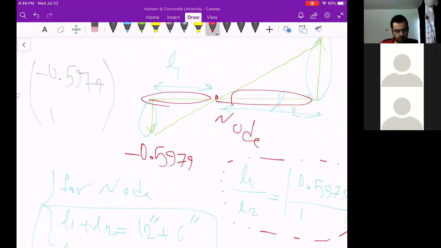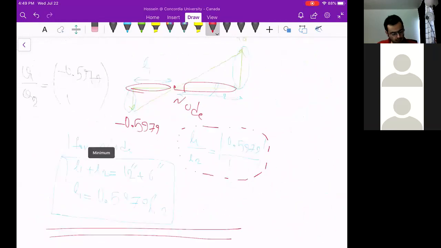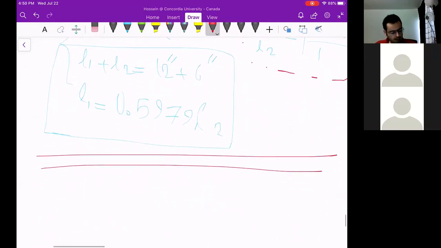Right. So yes, for designing, there is basically an excitation frequency, and these are omega n1 and omega n2.